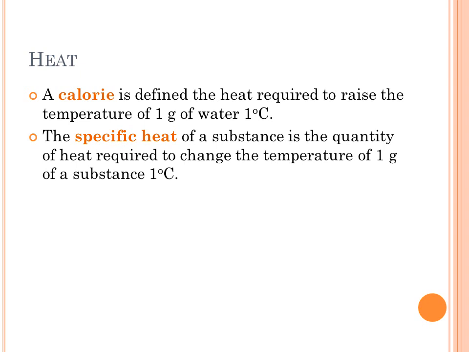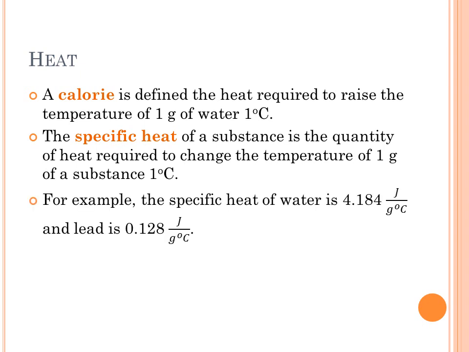So by definition, water would have a specific heat of exactly 1 calorie per gram degree Celsius, or 4.184 joules per gram degree Celsius. Metals like lead have lower specific heats than water. Water actually has a pretty high specific heat, where lead or other metals are going to be pretty low. Lead is 0.128 joules per gram degree Celsius, which you see is significantly lower than that of water.